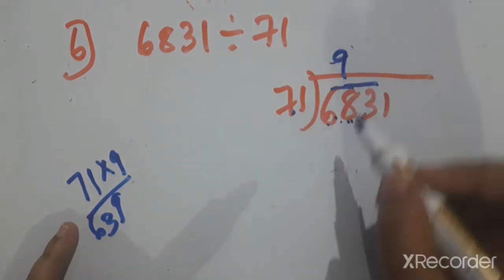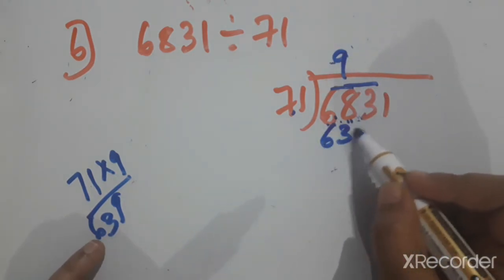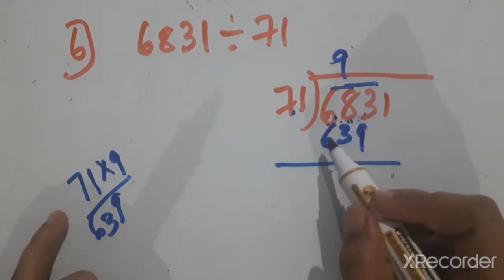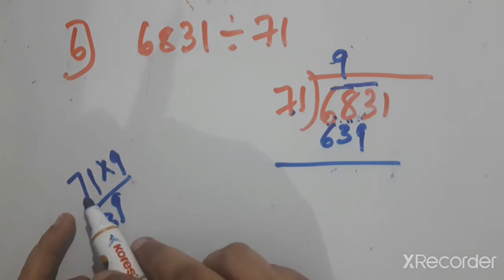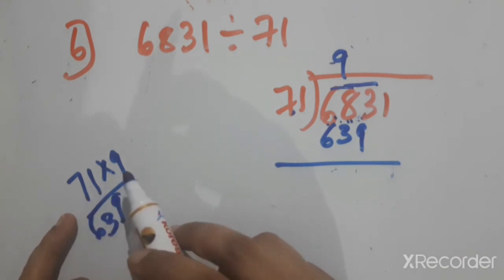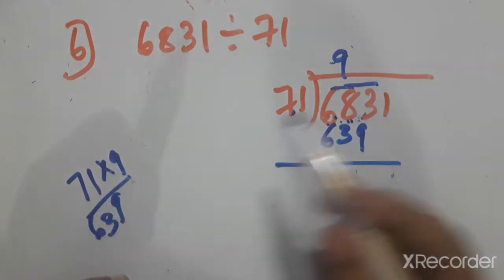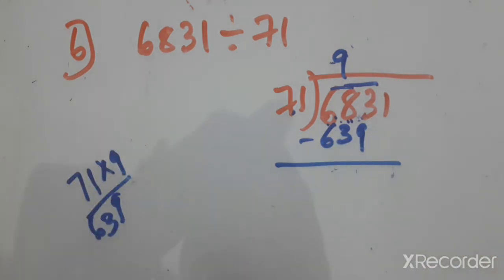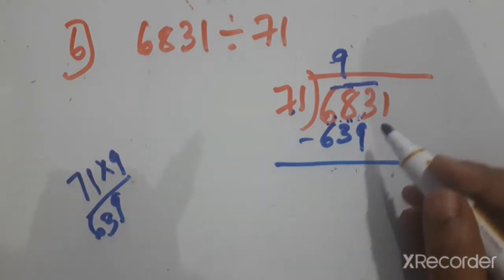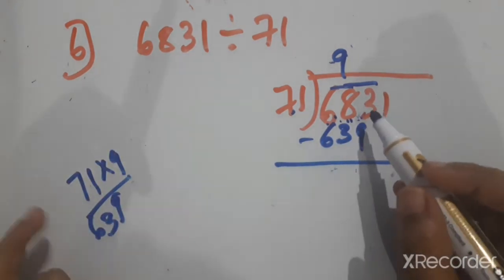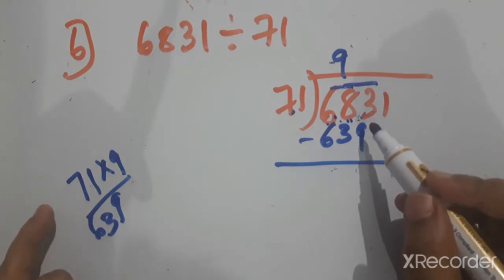So 9 is nearer, 639, by multiplication. Okay, because we don't know the table of 71 or 25 or 80. So multiply and check. Otherwise write a table at the side. Now here we are multiplying in each step, checking the nearer.